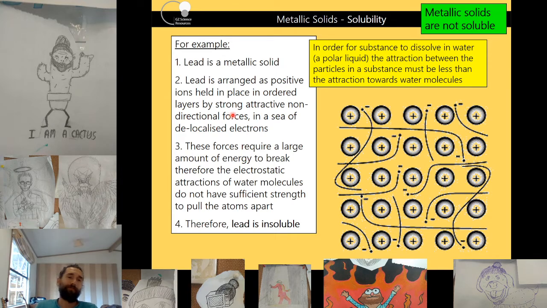So you've got the type of substance, the structure, and bonding. Substance, structure, bonding. These forces require a large amount of energy to break. Therefore, the electrostatic attraction forces of the water molecules do not have sufficient strength to pull the atoms apart. Therefore, lead is insoluble, does not dissolve.